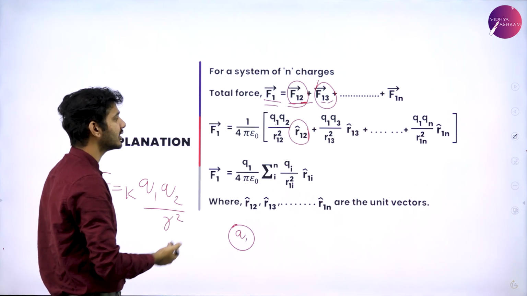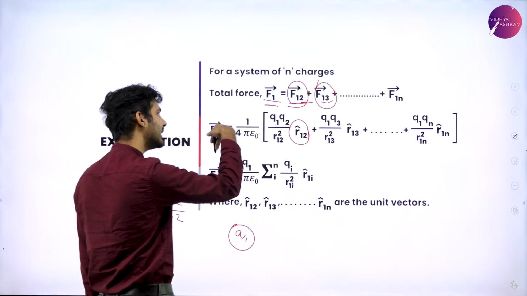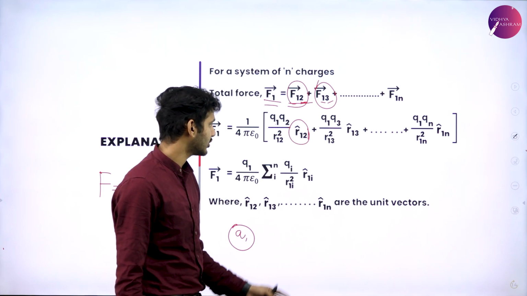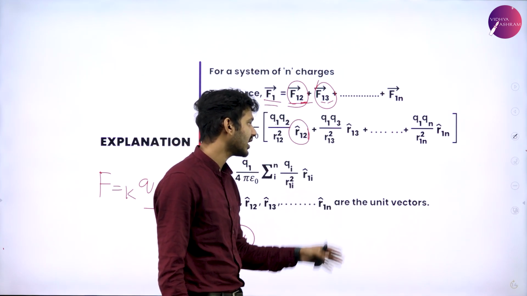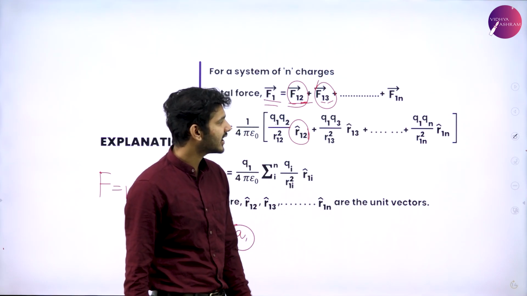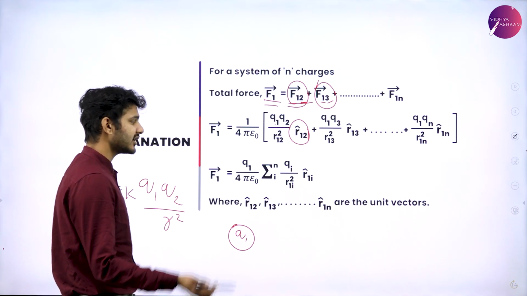F net will be equal to 1 by 4 pi epsilon 0, which is common in everything, so we'll take it out. The remaining things are Q1, Q2 divided by R12 square plus Q1, Q3 divided by R13 square plus so on up to Q1, Qn divided by R1n square. So we can sum this all up.